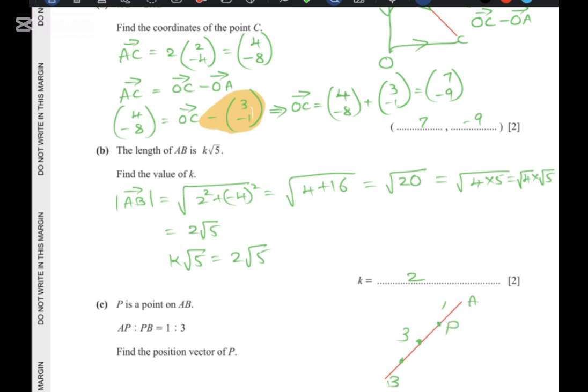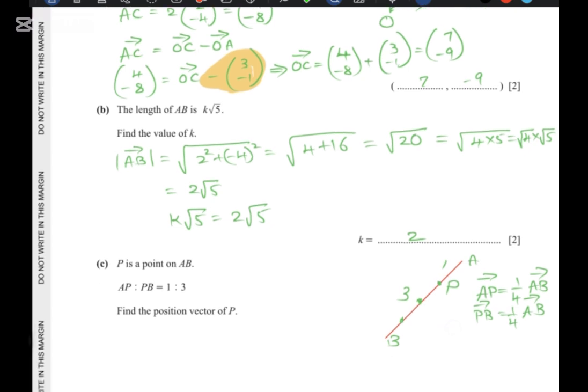So this is P. Okay, so vector AP will be 1 by 4 into AB. You have to understand it in this way.